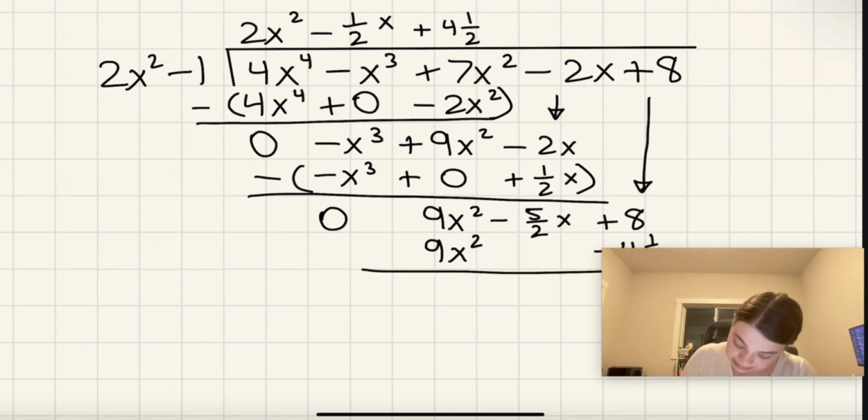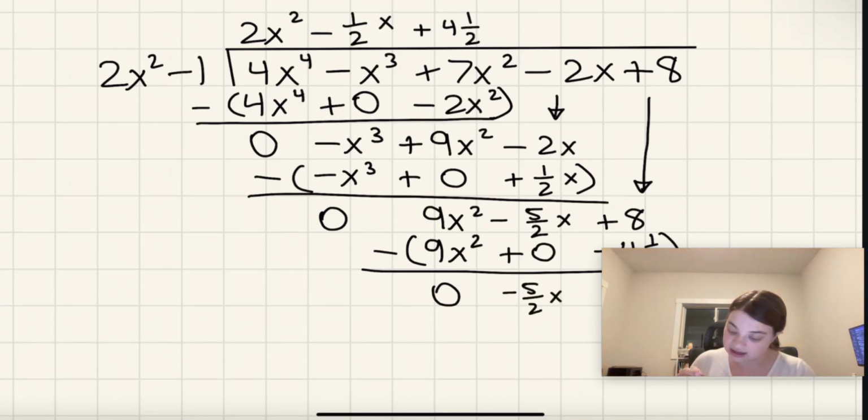And then we subtract. 9x squared minus 9x squared is 0. Negative 5 over 2x minus 0 is just negative 5 over 2x. And then 8 minus negative 4.5 is the same as 8 plus 4.5, which is going to be plus 12.5. And so this is our remainder.